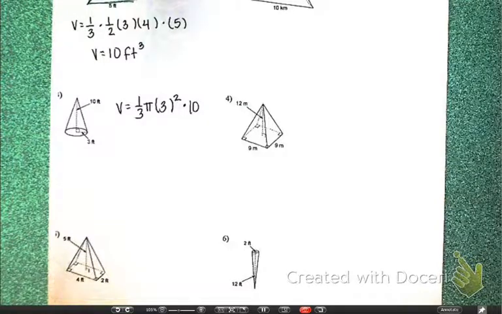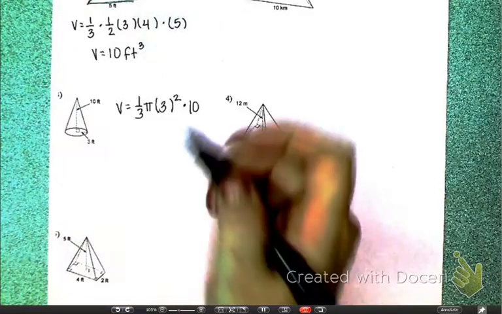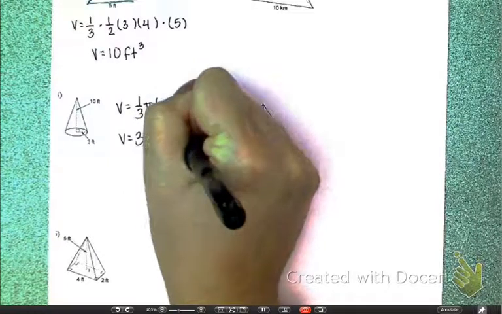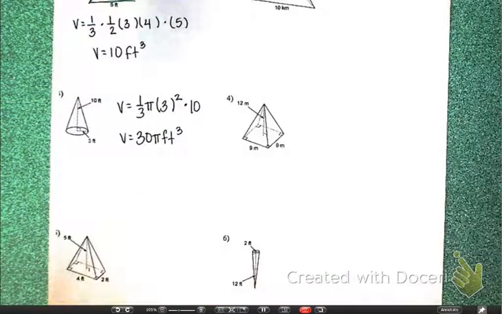Divided by 3 is 30, and I'm keeping the pi there. So 30 pi feet cubed. Again, you can plug that all into your calculator, or you can do it step by step. Yes? The pi should be at the back, kind of like if you were writing 30x, you wouldn't write x30. I'm not going to call it a variable because it's not, but it should be written in the same order as variables are.